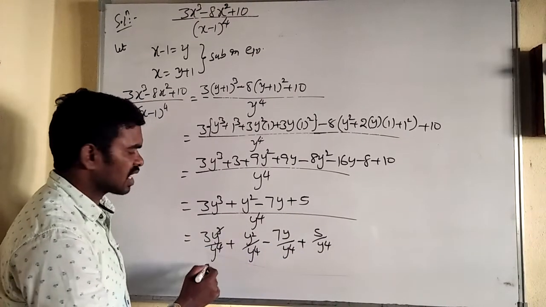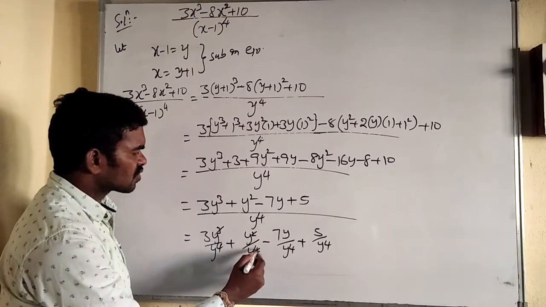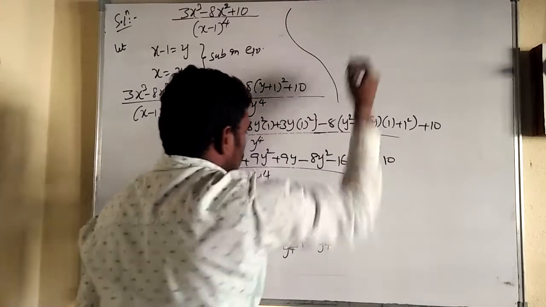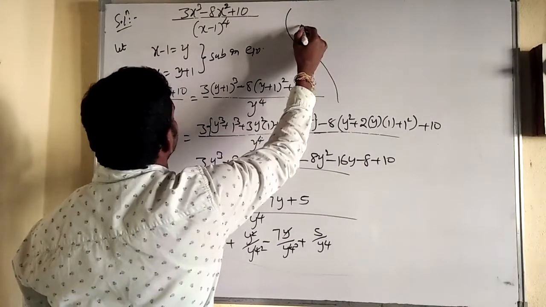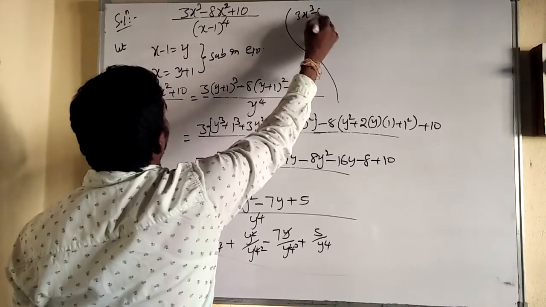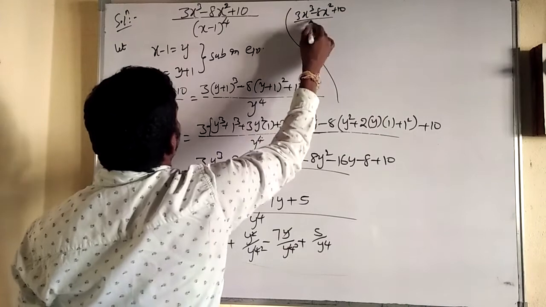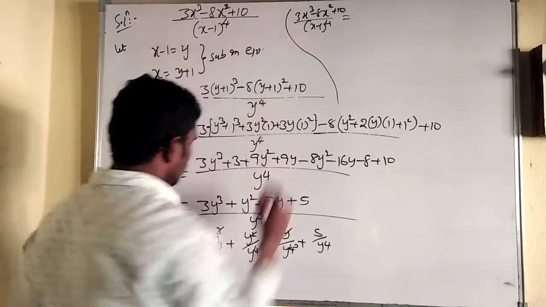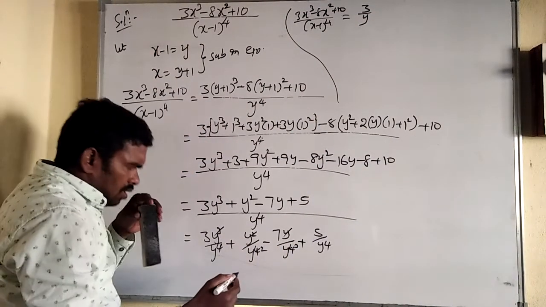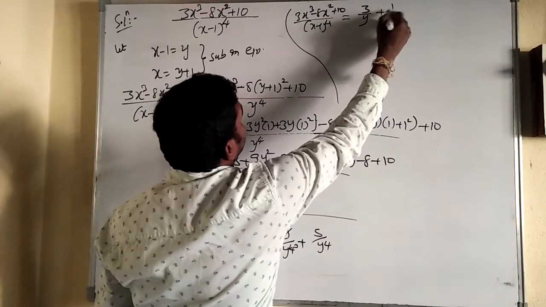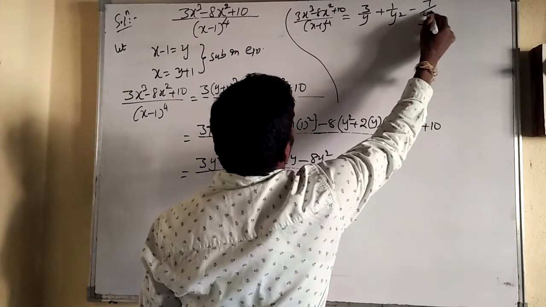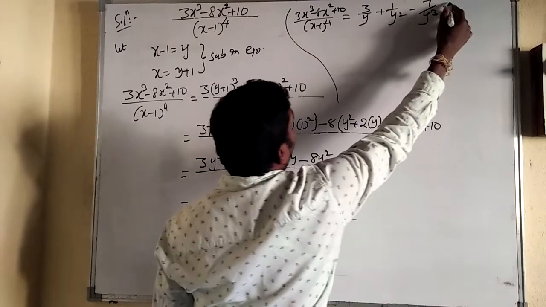Cancel. y cube, y square cancel. y square is remaining, y cube is remaining. So here I am writing, this is equal to 3x cube minus 8x square plus 10 by x minus 1 whole power 4 equal. What is remaining? 3 by y, 1 by y square, next minus 7 by y cube, next 5 by y power 4.